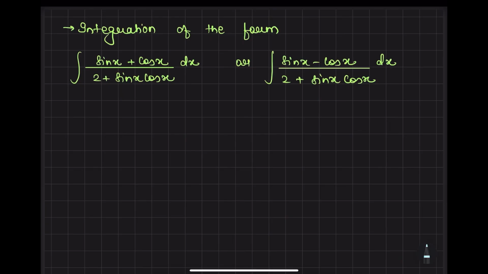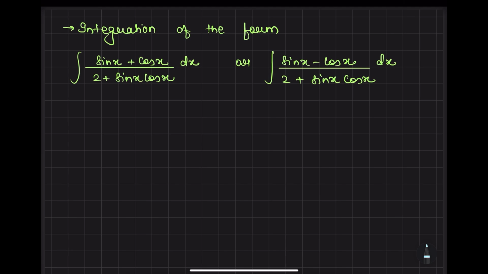So look at this situation. It is integration of the form where, in the numerator, you will be having sin x plus cos x or sin x minus cos x. If it is not available, then create it.